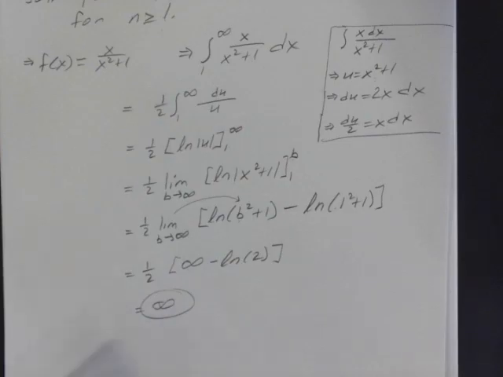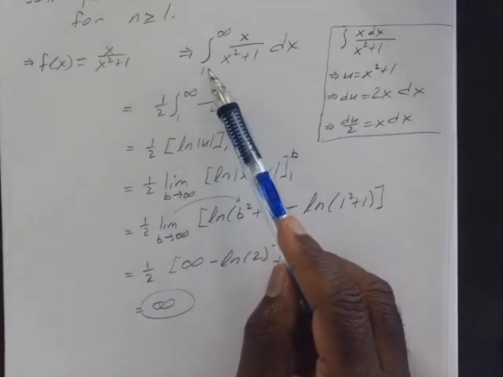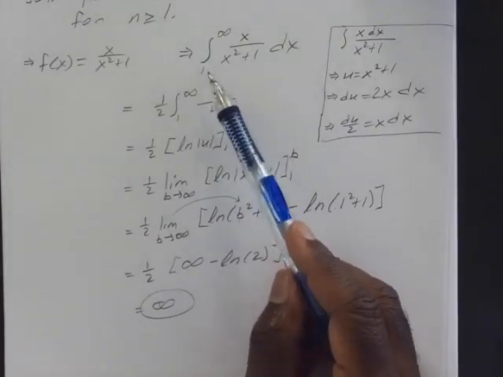Okay, so we can see that the integral diverges. If the integral diverges, then we know that the series also diverges.